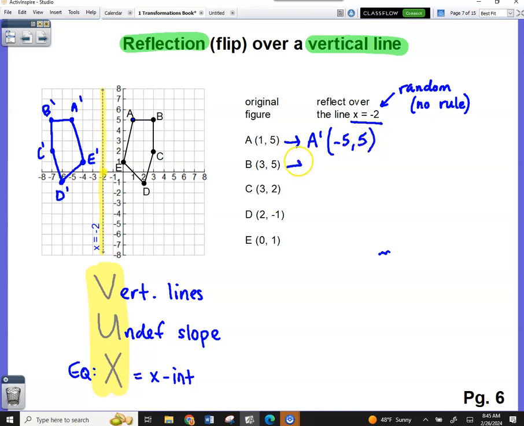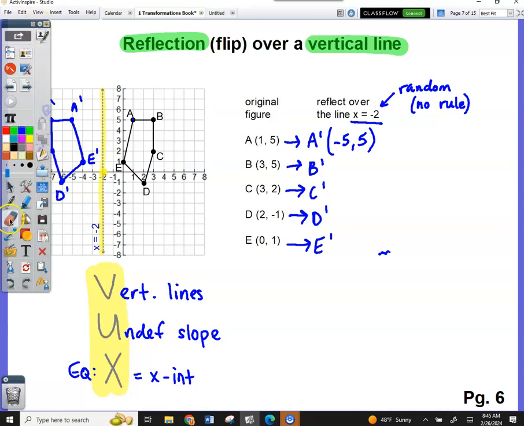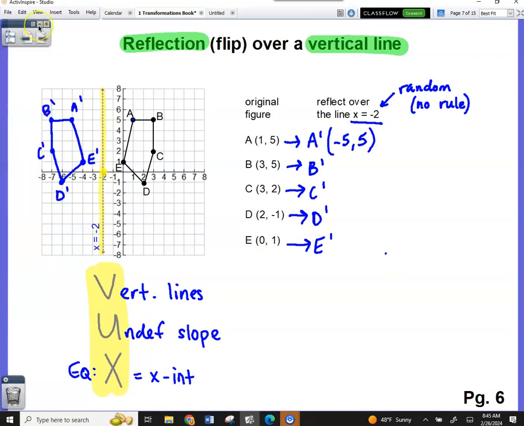And you do need to practice reading the coordinate points. I would love for you to read those points and label them without looking up here and just copying it down. So I'm going to give you a second to do that, and then I'll write the answers.